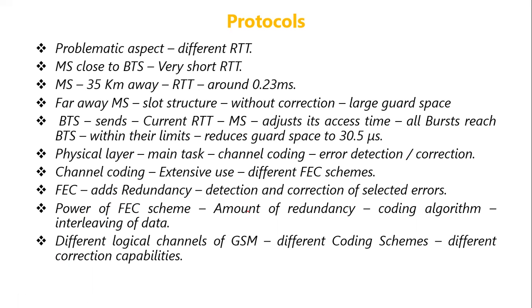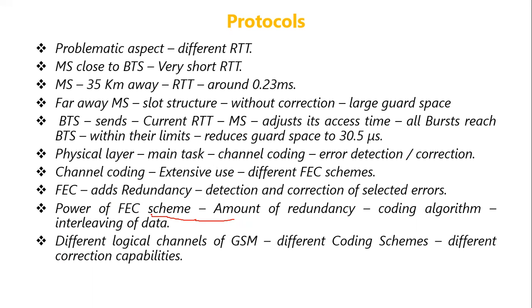The power of FEC depends on all these factors. FEC is also the reason why error detection and correction occurs in layer 1 and not in layer 2 as in the ISO OSI model. In the ISO OSI model, the forward error correction takes place in layer 2, the data link layer.